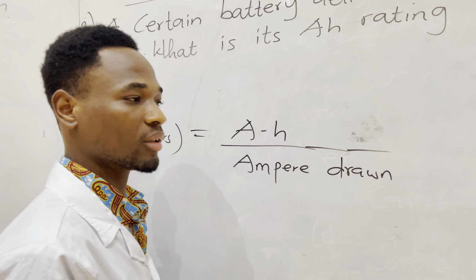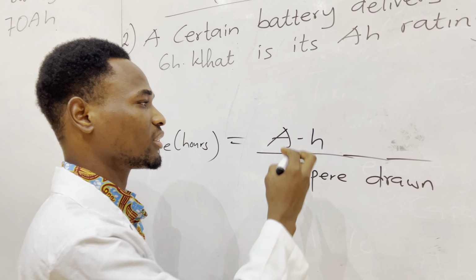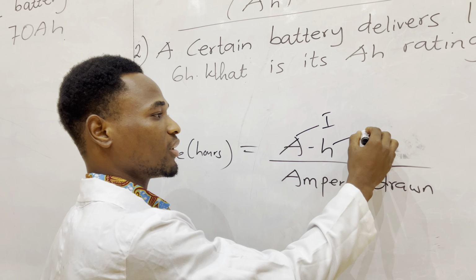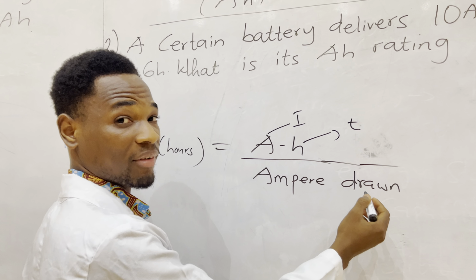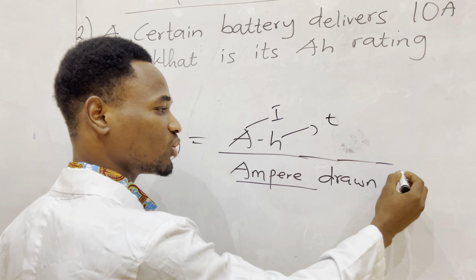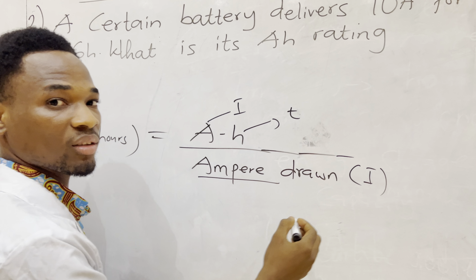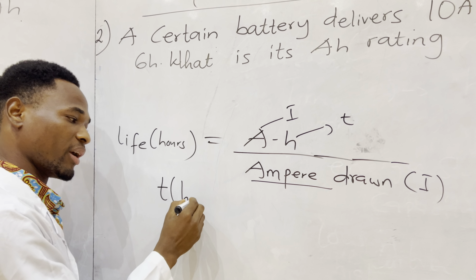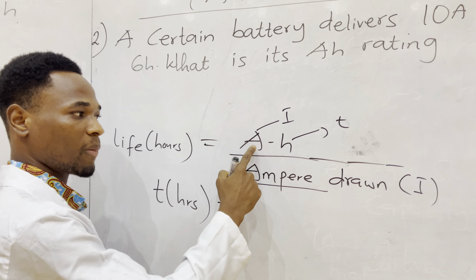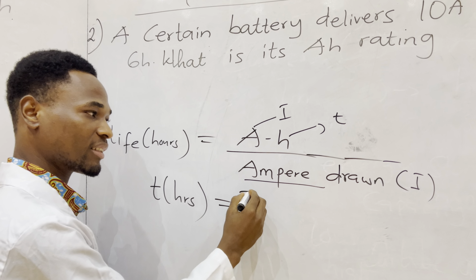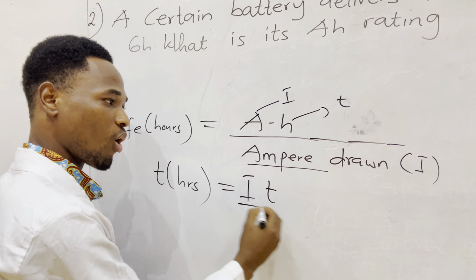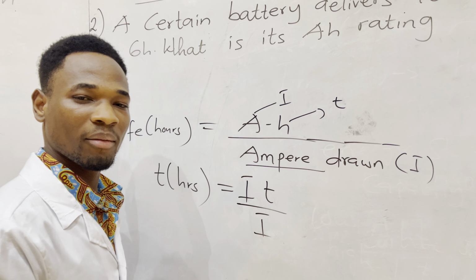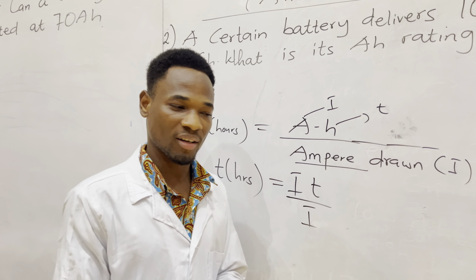In other words, this ampere is the current, and this hour talks about the time. So in short, we have the time measured in hours, which is equal to the ampere hour, which is the current times the time, all over the current.